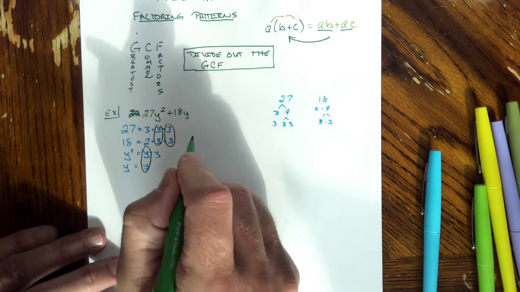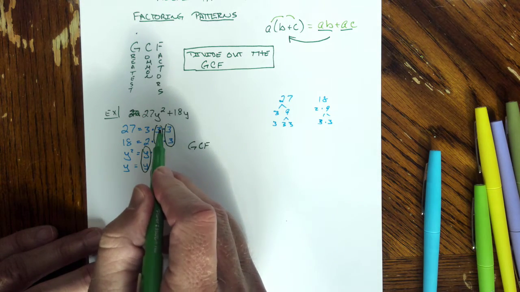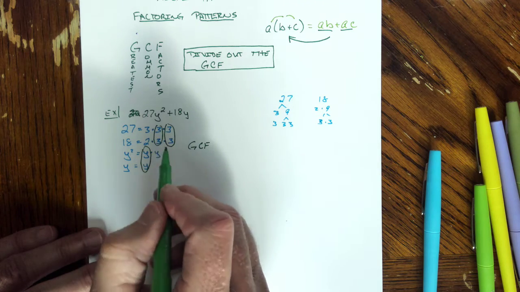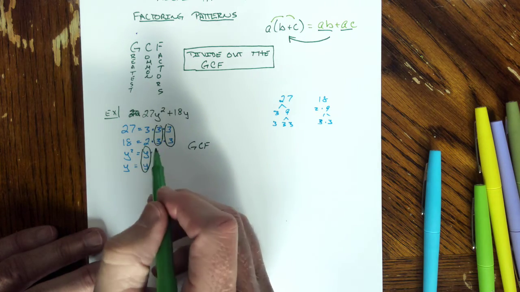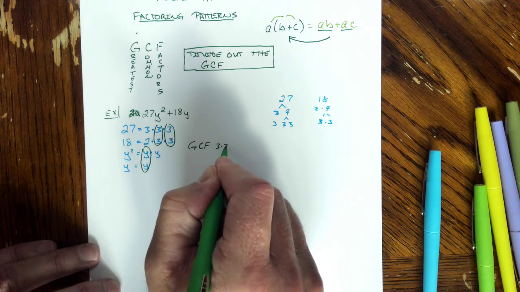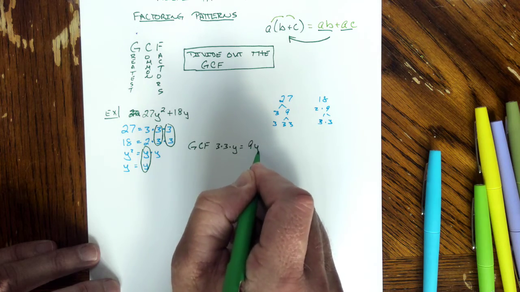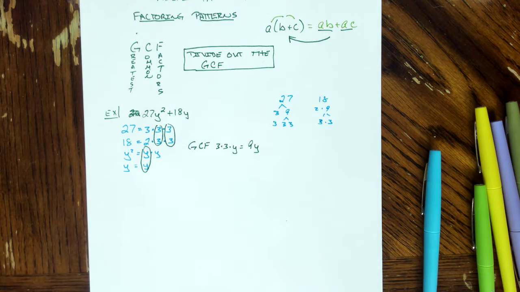So what's our GCF in this problem? Well, 3 times 3 is 9. I don't multiply all 4 of them together. Just the match. So a match of 3 and a match of 3, 3 times 3, times a match of y. So we got a greatest common factor of 9y.